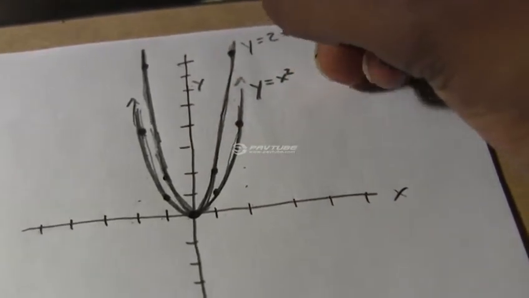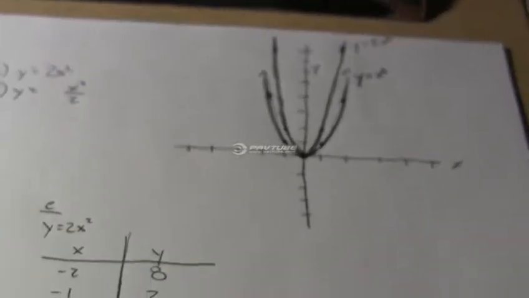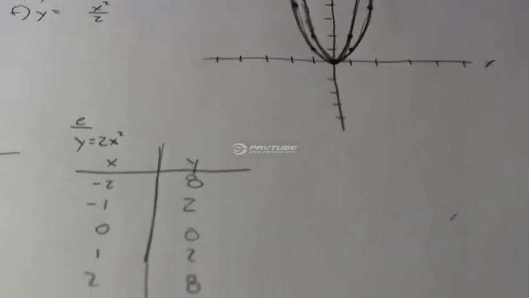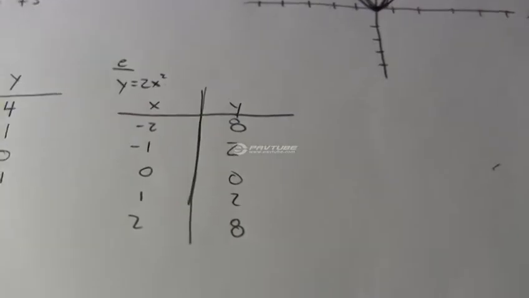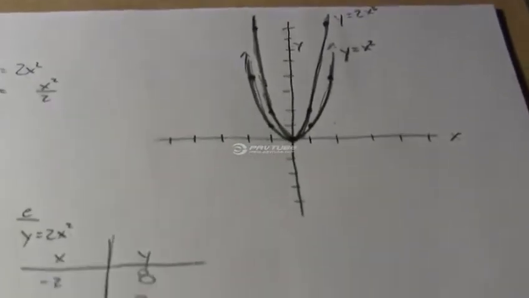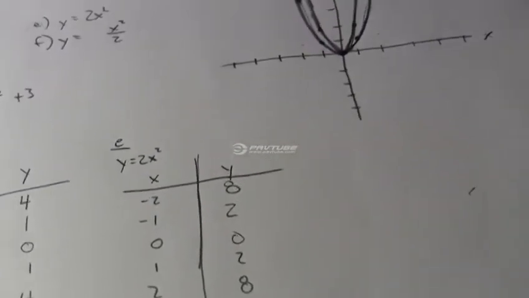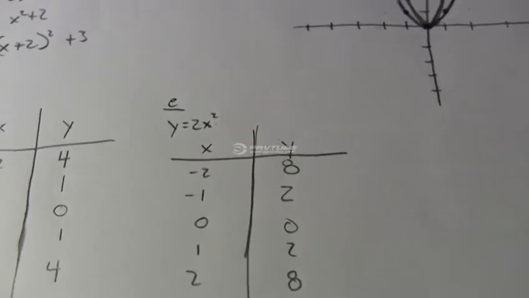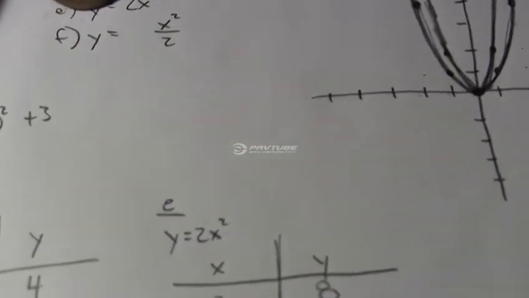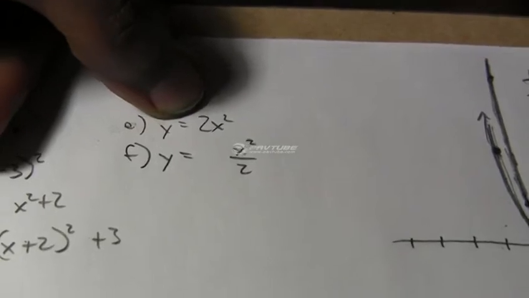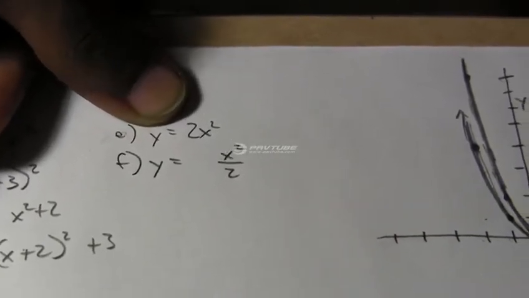Y is equal to 2x squared. Alright, does that make sense? It's really just a matter of seeing the numbers and knowing how they change. So we talked about with our linear ones. Remember we said that this number in front, the coefficient, was called the slope.